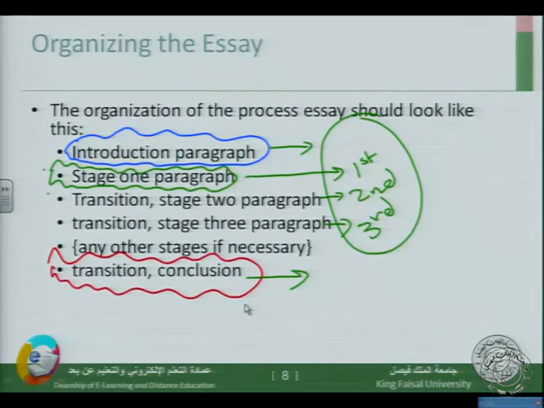So as we can see here, each body paragraph is 1 step. And within each step, you need to have some examples, details. Okay?